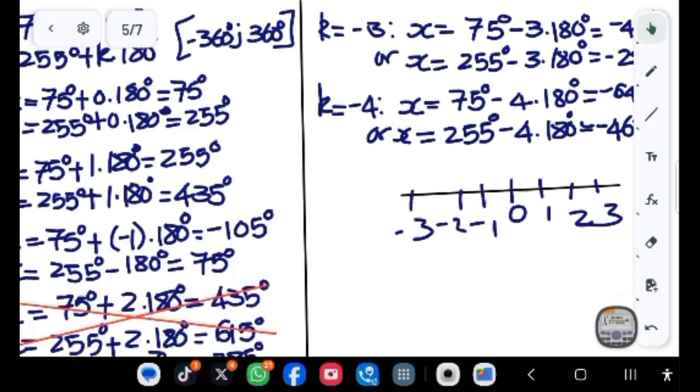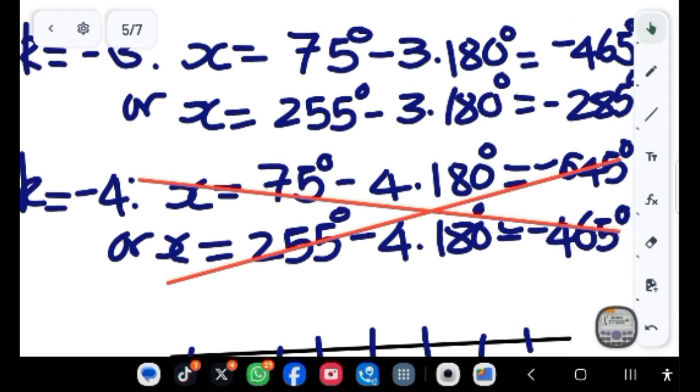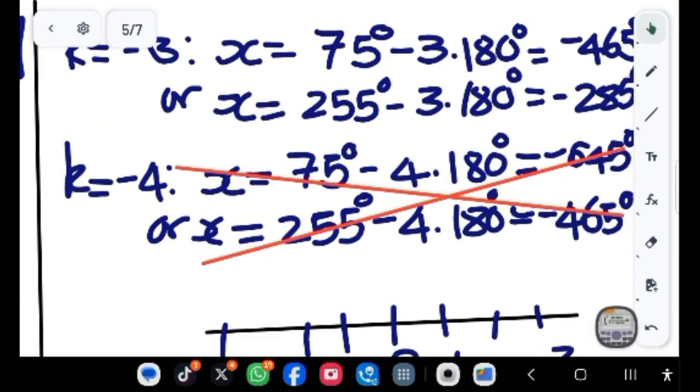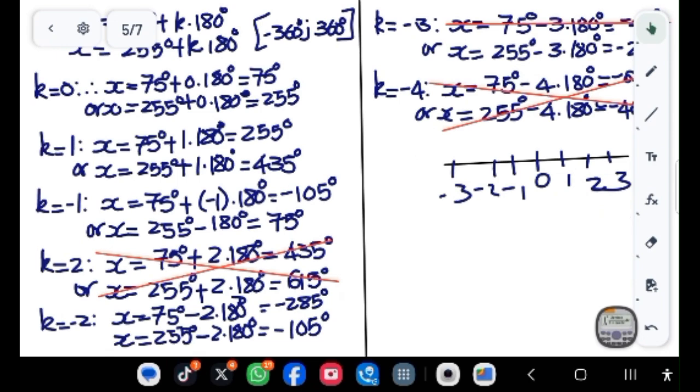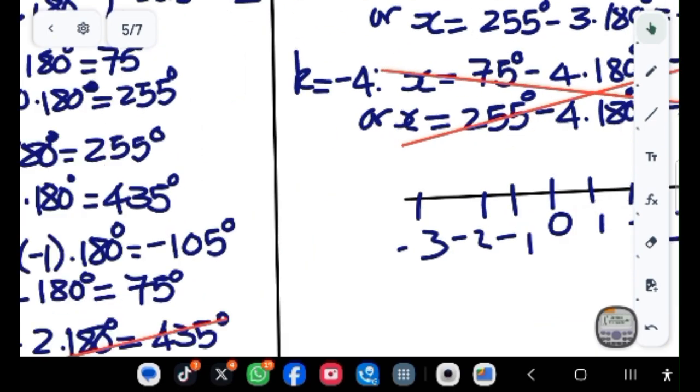Notice that both of them are outside the restrictions, so we eliminate them. In k equals -3, it is -465 that is outside the restriction. It's less than -360. This one is within the restriction.